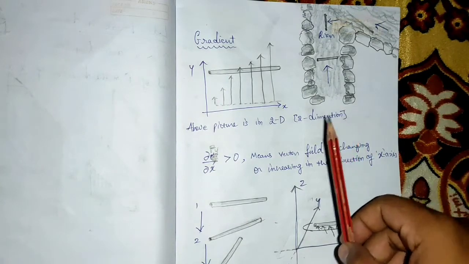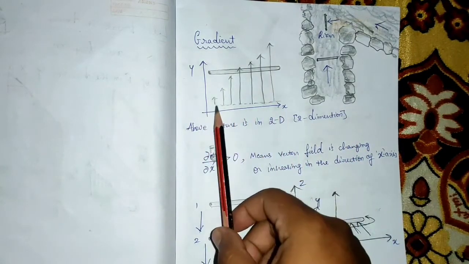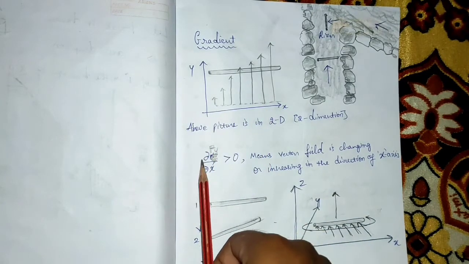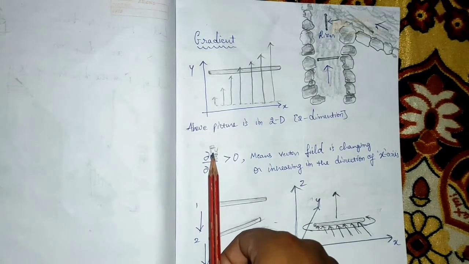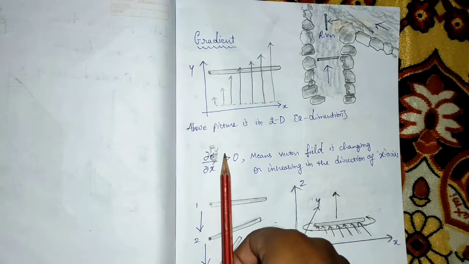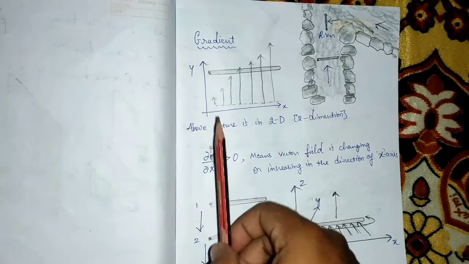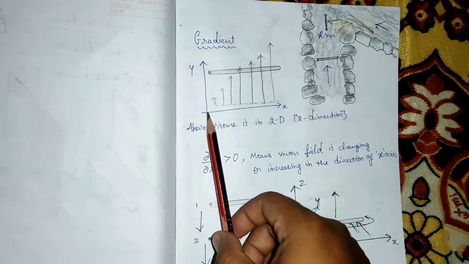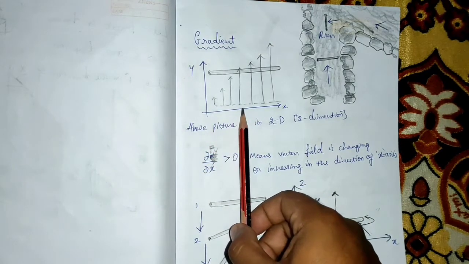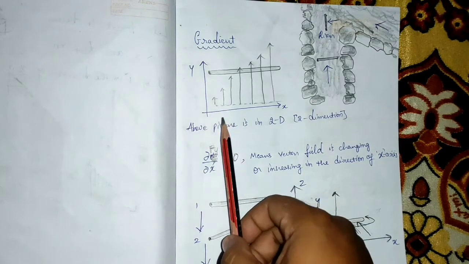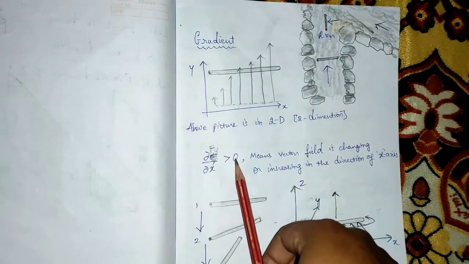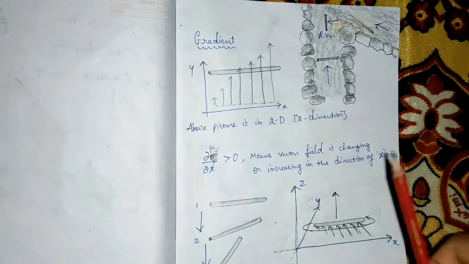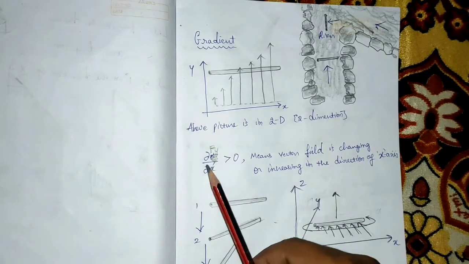This gradient is represented by this term: the rate of change of Fy with respect to x is positive. What this term says is, if you go in the positive direction of x, if you increase x, Fy is also increasing. That's what this equation says, right? So this is the actual gradient.